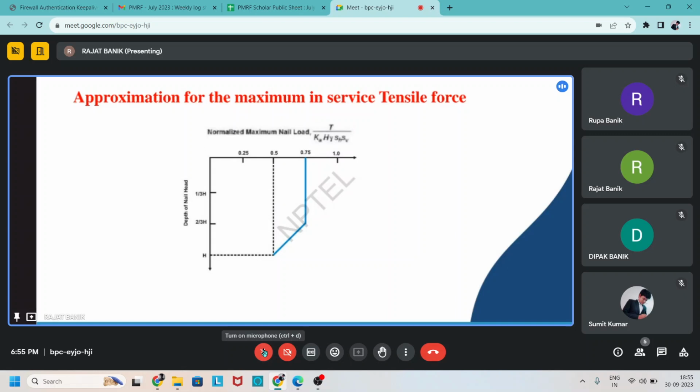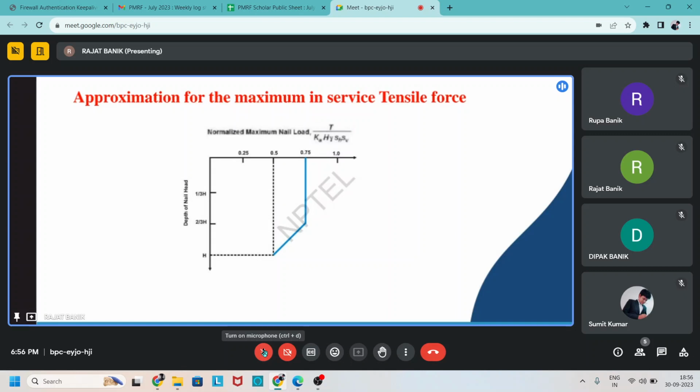So if you see that with increasing depth, after a particular point, the maximum tensile force, or normalized nail head load, is reducing up to small h equal to two third of H. The normalized coefficient is 0.75.